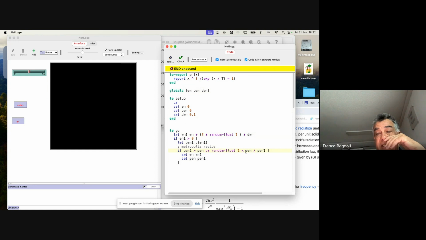Because in this case at the first I should always accept, because this is true. But if this is less than this, so this is pn1 divided by pn. Because this is less than 1, it is a probability. So, for instance, suppose that pn is very large and pn1 is small, so this is not true. This can be true with a small probability.